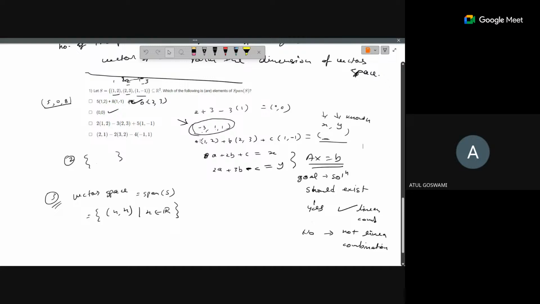Our goal is to find all the a, b, c, basically the solution for this. Can we please check the other two options with this approach?